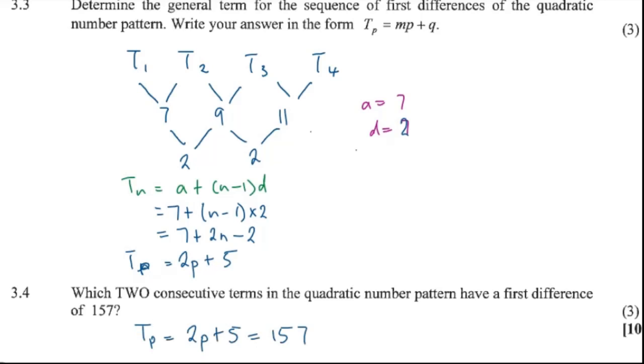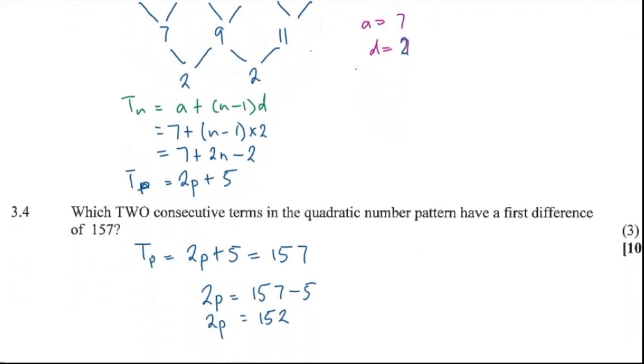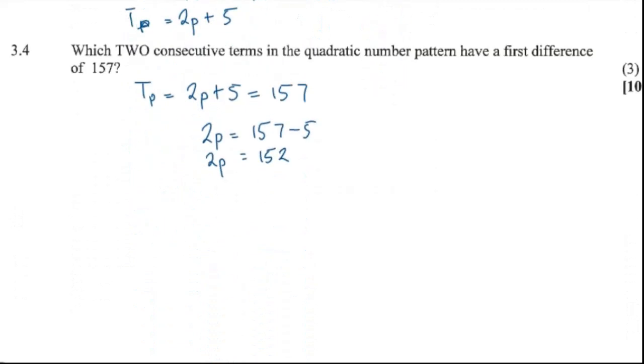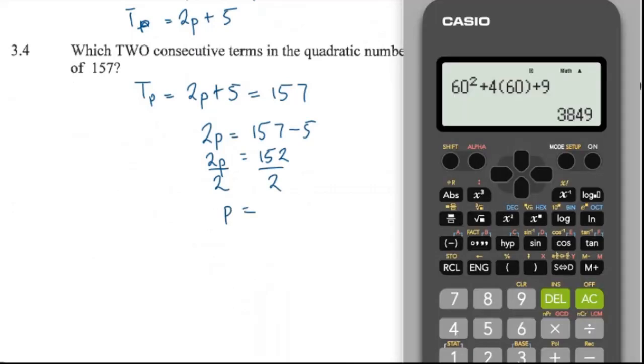So 2p is going to be equal to 157 minus 5, which means 2p is equal to 152. Divide both sides by 2. So p is going to be equal to, bring the calculator, 152 divided by 2, that gives us 76.